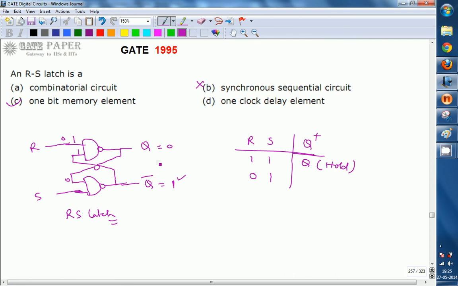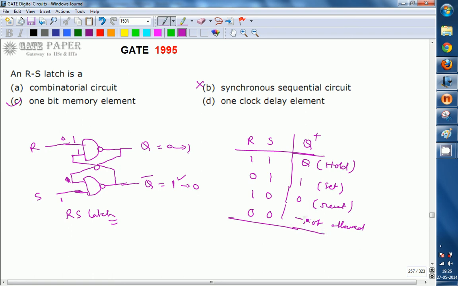Whenever Q becomes 1, you get 1 over here, and that 1 along with S equal to 1, 1 into 1 is 1, and 1 bar is 0. This comes into the 0 condition. So Q and Q bar will be 1, 0. Similarly, for the other case you will get 0. So this is the set state and this is the reset state. R equal to 0, S equal to 0 is not allowed. Okay, so this is the RS flip flop.